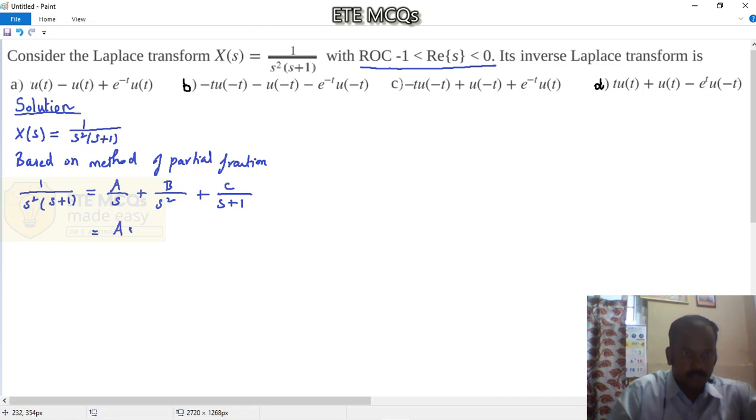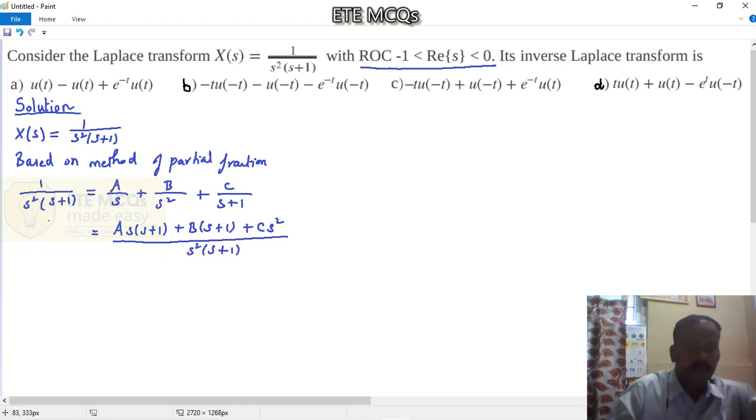Now the above expression can be rewritten, taking the LCM, as A into s into (s plus 1) plus B into (s plus 1) plus C into s squared in the numerator, and in the denominator s squared into (s plus 1).